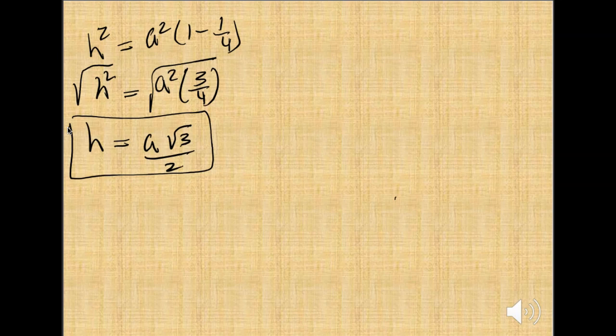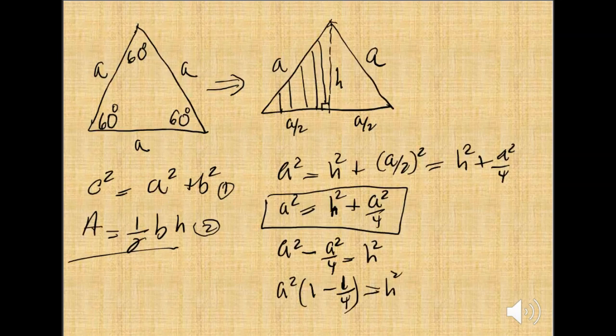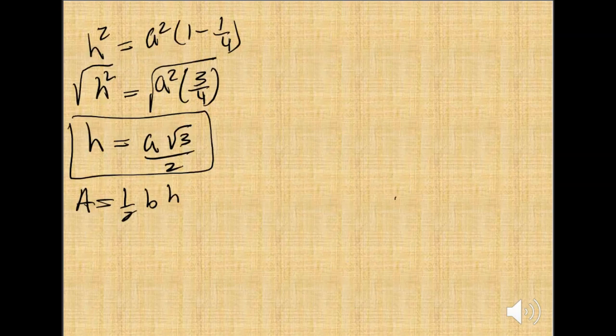And now we're going to plug that H into our area equation, which is A is equal to 1/2 the base times the height. And what is the base? Well, if we go back to this previous equation, the base is A over 2, and the height is H. So we have A is equal to 1/2 times A divided by 2, the base, times the height.